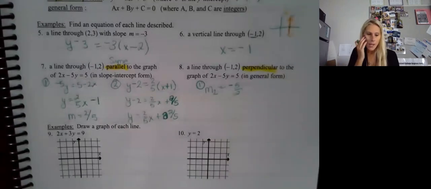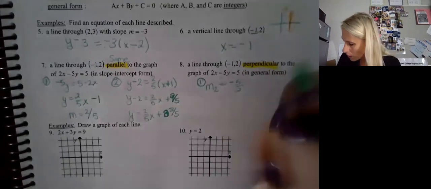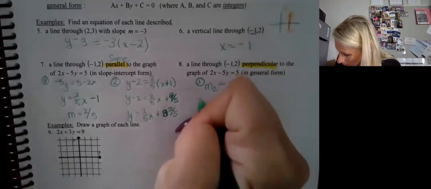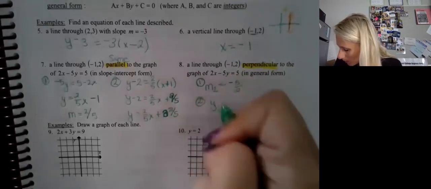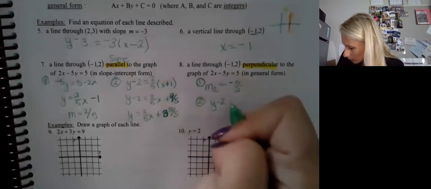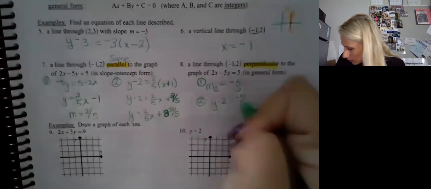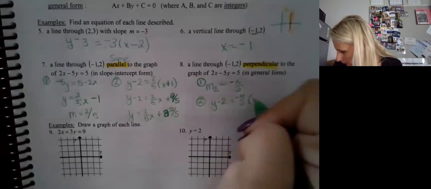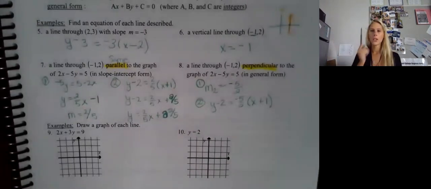Okay, now I can put it in point slope form. So y minus 2 equals negative 5/2 times x plus 1. Okay, good.